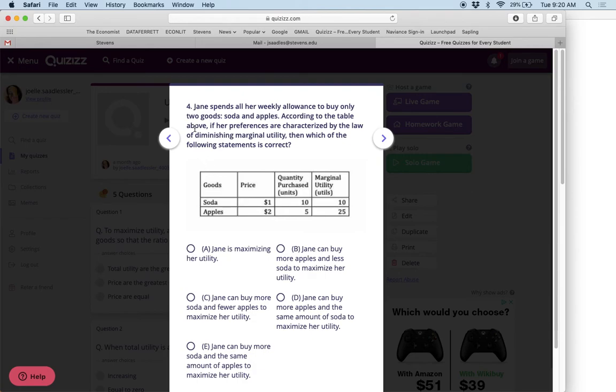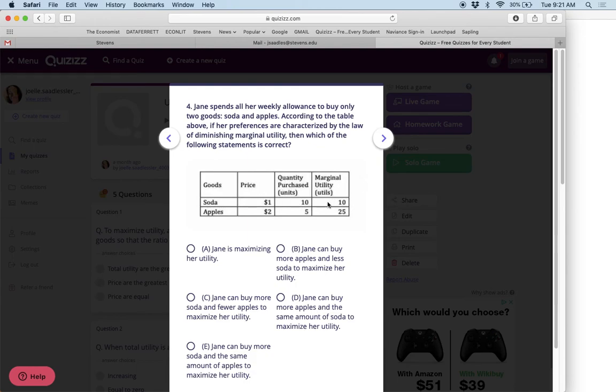Jane spends all of her weekly allowance to buy only two goods, soda and apples. According to the table above, if preferences are characterized by the law of diminishing marginal utility, then which one of the following statements is correct? So let's take a look at what's happening here. For soda, marginal utility is 10, price is 1. For apples, marginal utility is 25, price is 2. We know the rule would be to set marginal utility divided by price.